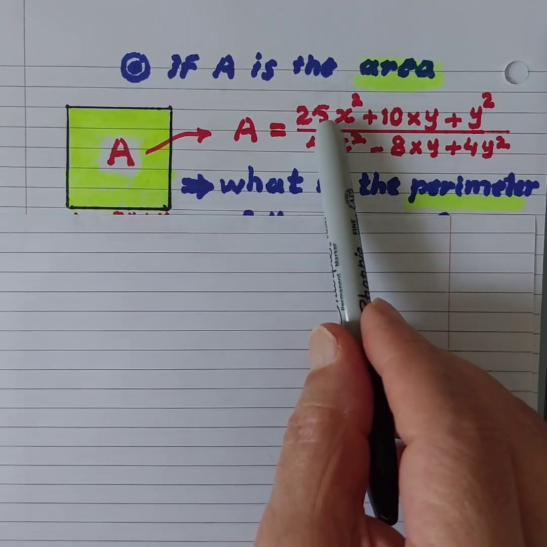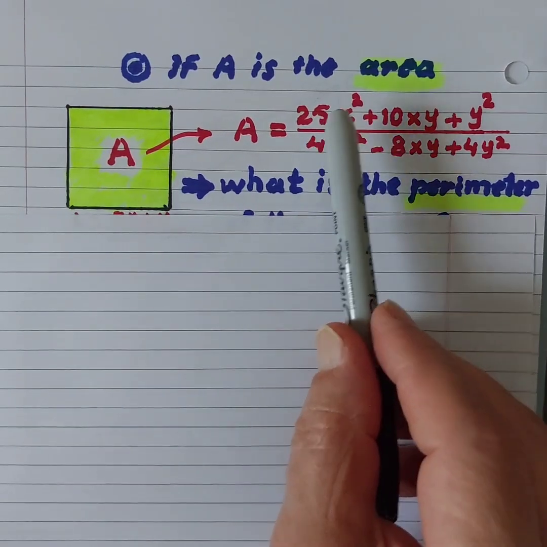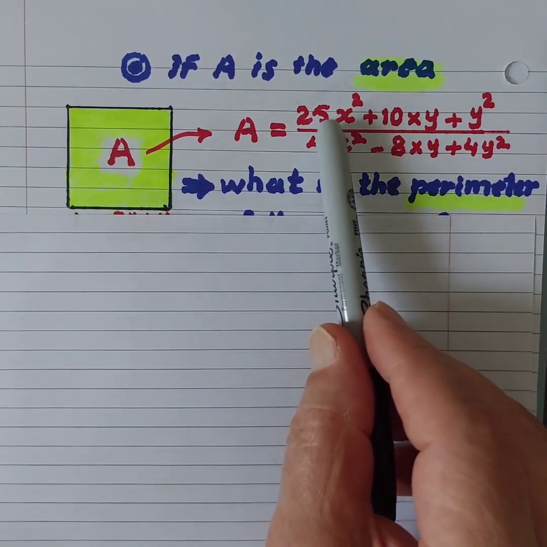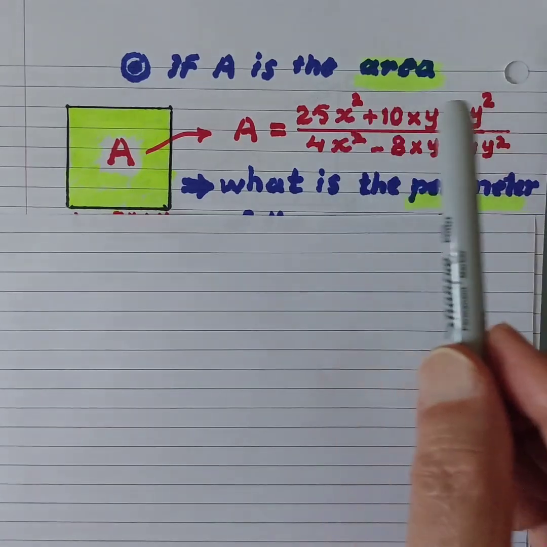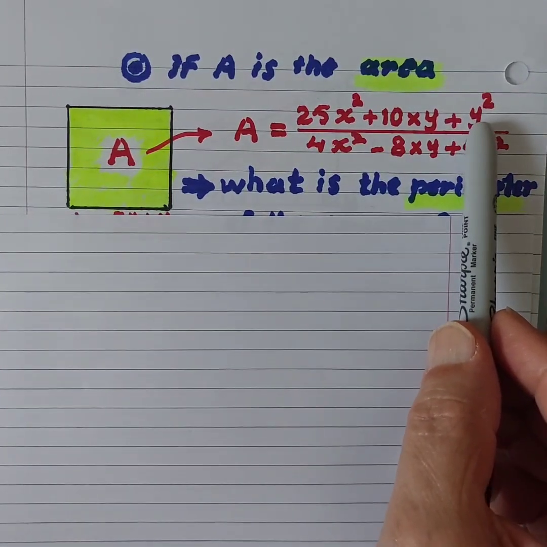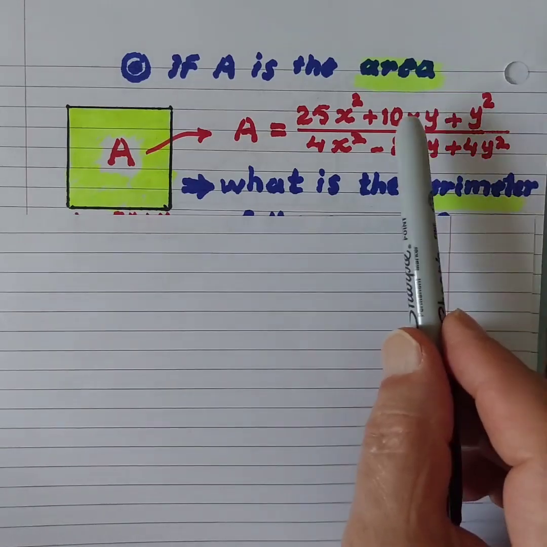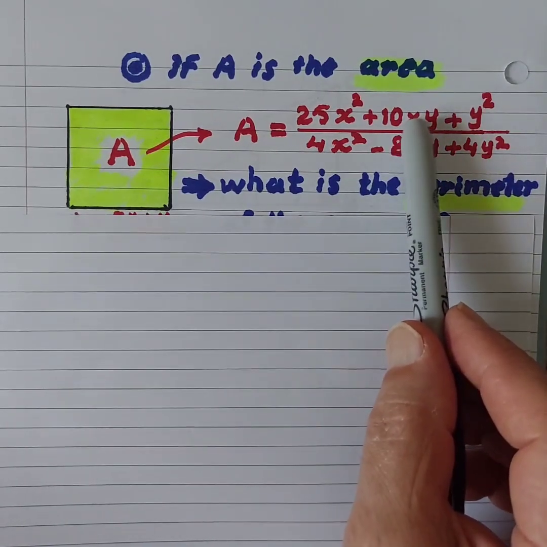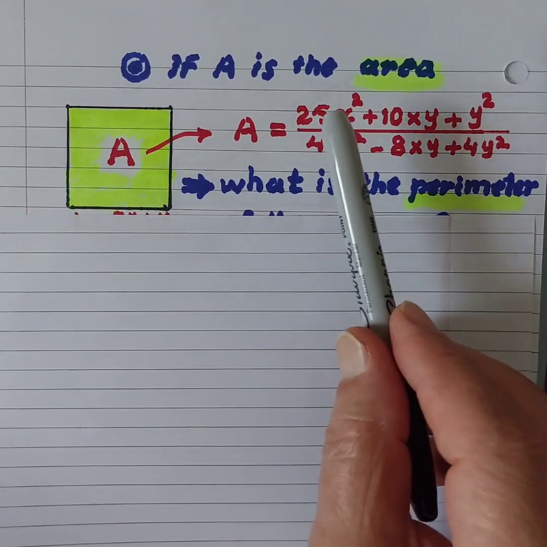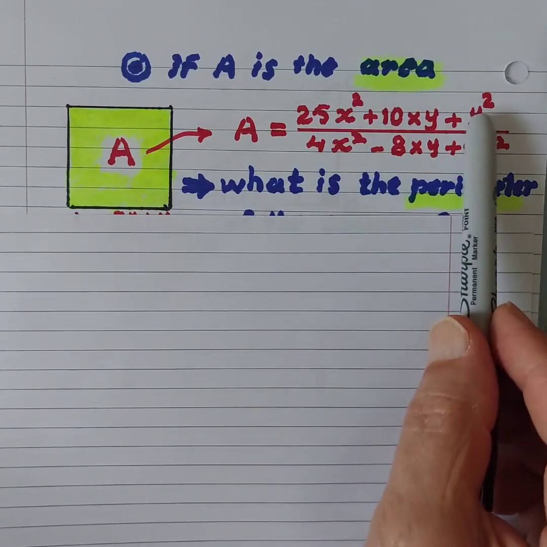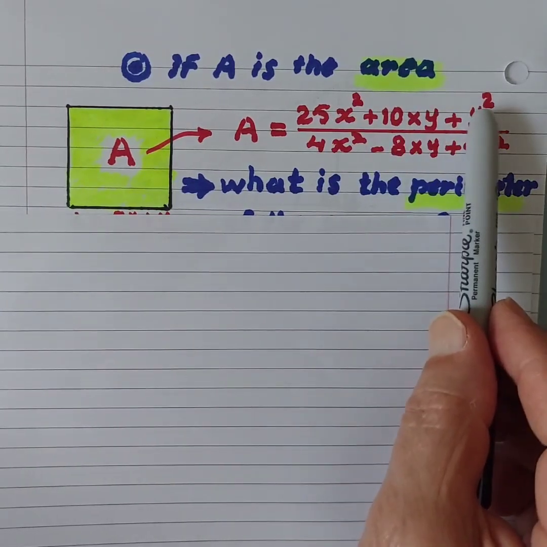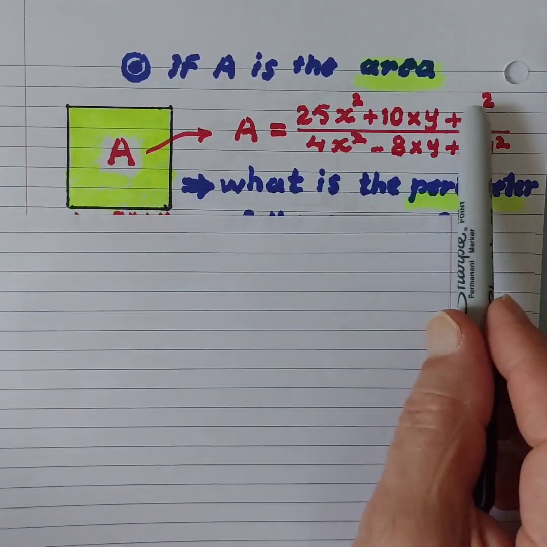Look at the first term here. It's a square of 5x, and this also is a square of y. And the middle term is the product of 5x times y times 2. That means this is a perfect square.